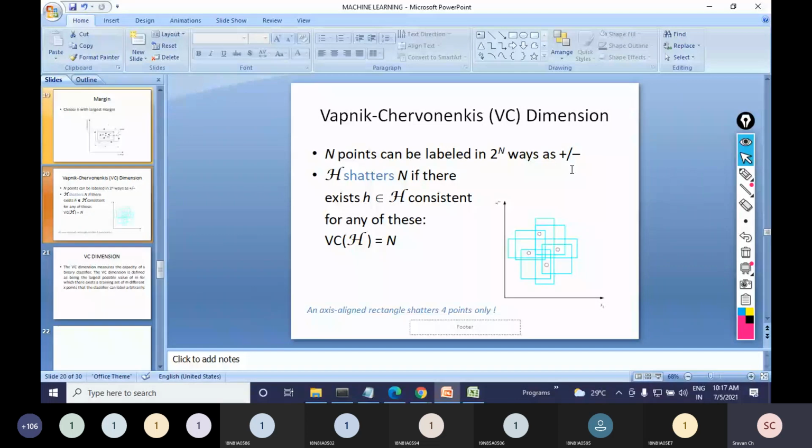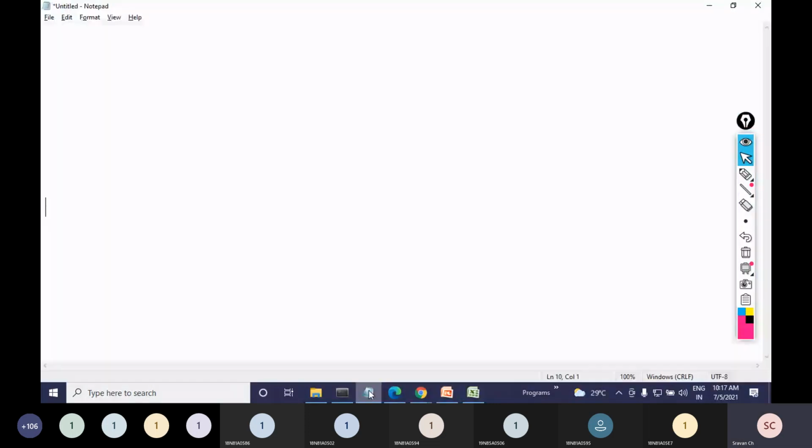You may not understand it, but no issue. We will take a very small example and try to understand this one, right? So please observe this carefully. For example, I have two data points. Here n is 2. So I have two data points. With two data points, how many combinations will I get?